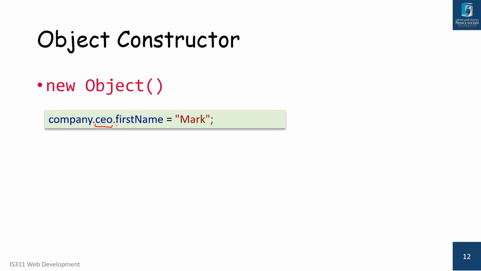Inside the ceo, which is considered another, nested object, we have a first name, and if it does not exist, it should create that ceo object and inside it the first name, Mark. But no, if you are creating a property, it will create that property.